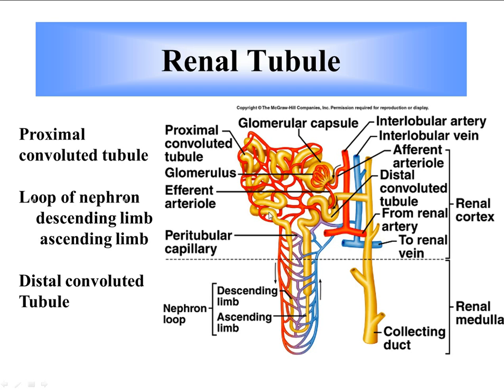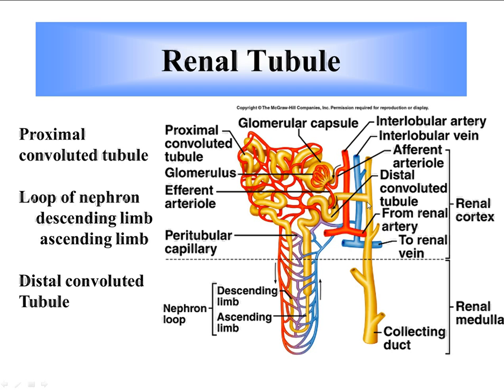From this proximal tubule, you have the descending limb of the nephron loop, and when it begins to rise, that is the ascending limb of the nephron loop, and that gives rise to the distal convoluted tubule. So you need to recall your directional terms. Closest to the body was proximal, and away from the body was distal.